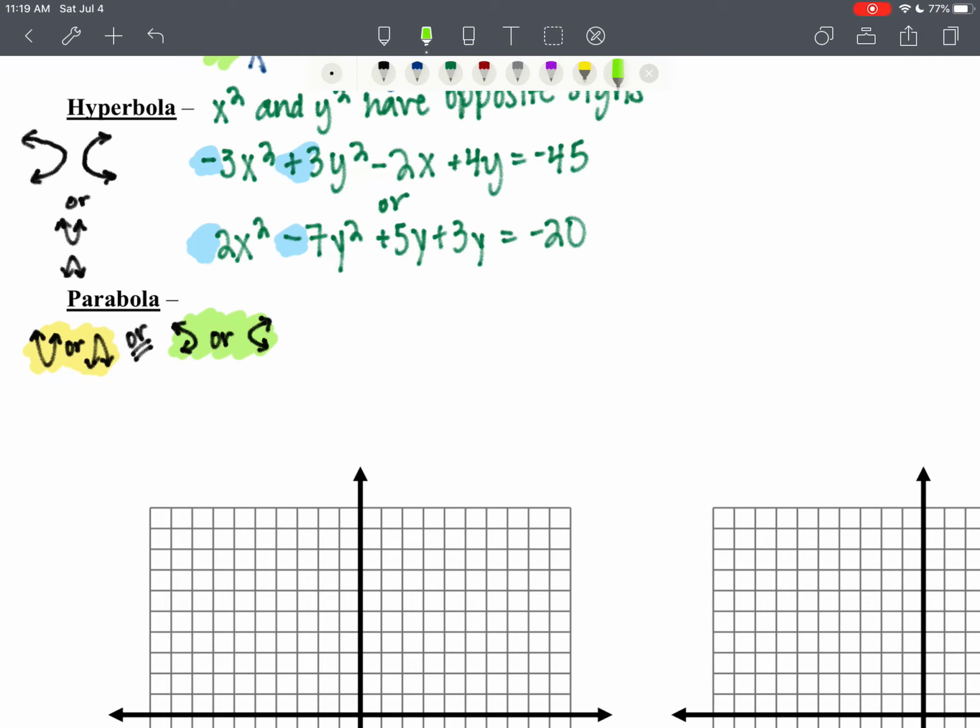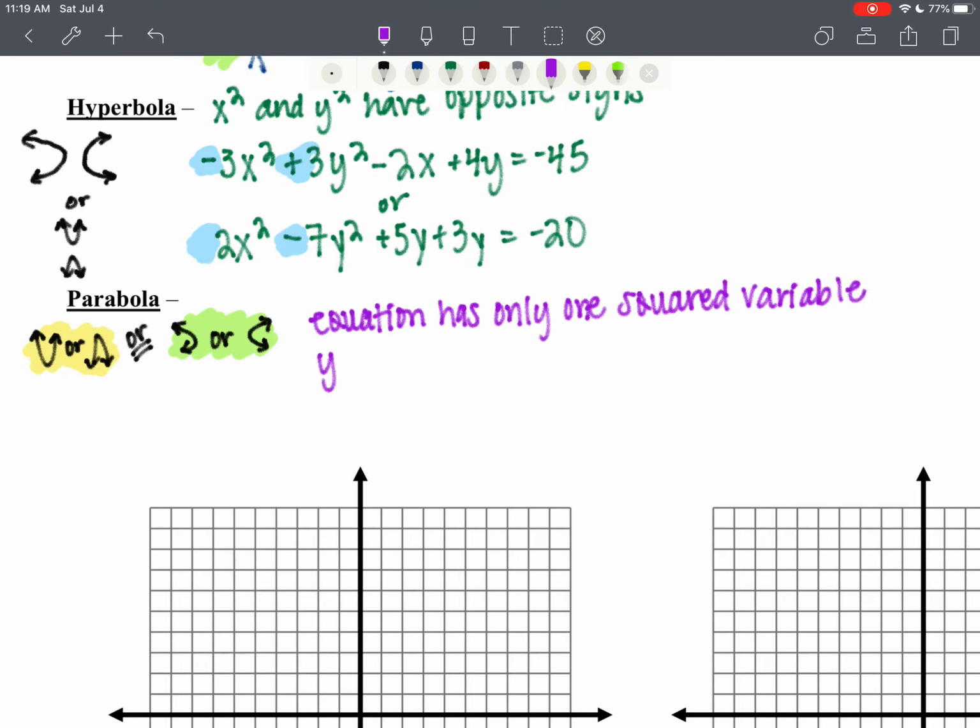And I'm going to provide a couple of examples here. Your equation has only one squared term. Or variable. Let's even say variable. One squared variable.